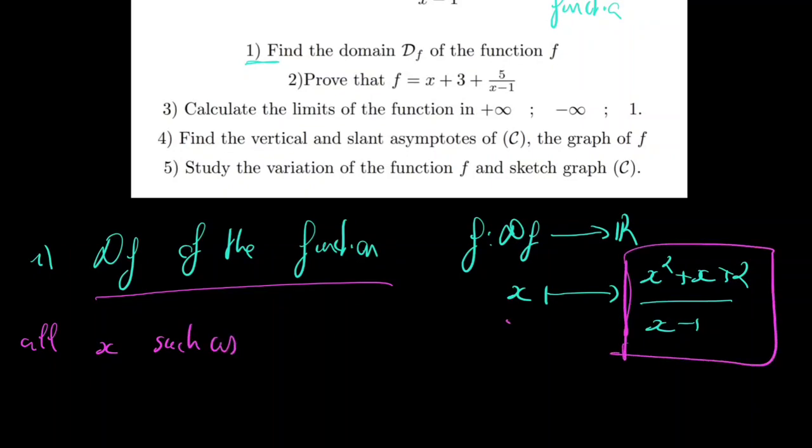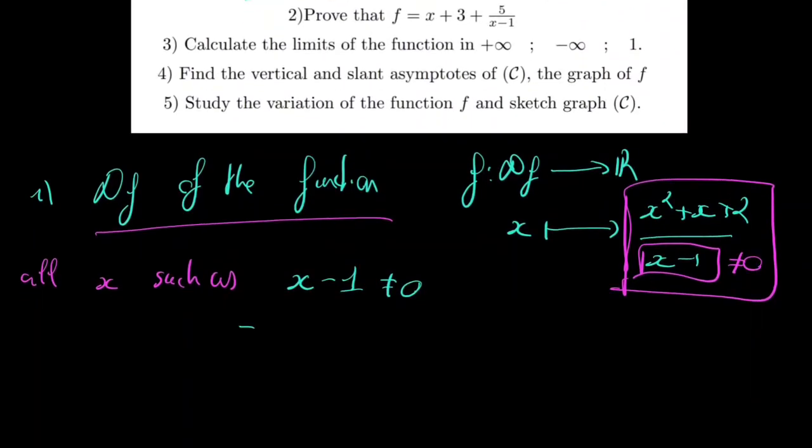And when does this make sense? When x minus 1 is different from 0, because we do not want to divide by 0. This is absolutely forbidden. So x minus 1 is different from 0, which is equivalent to x is different from 1.